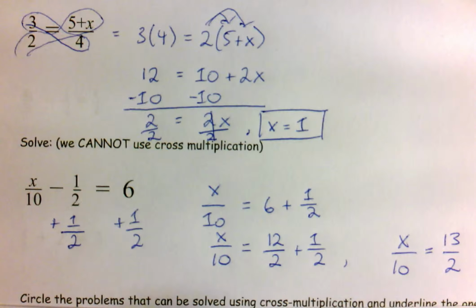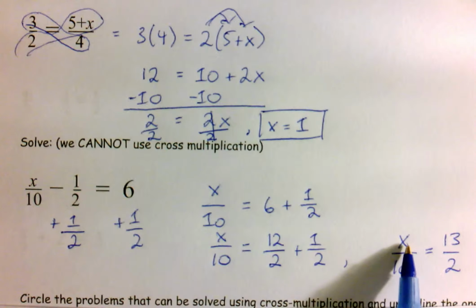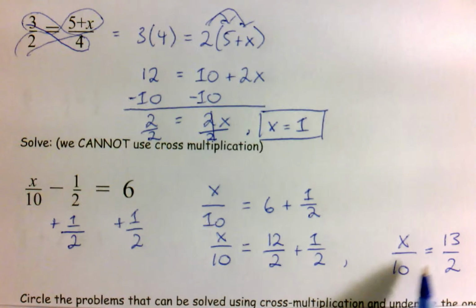Now I have a situation similar to my original situation where it looks like I can cross multiply, but what I'll do is save myself some time because I can see that to get x by itself, if I can just undo this division by 10, then I've solved the equation. So instead of cross multiplying in this instance, I'm just going to multiply both sides by 10.